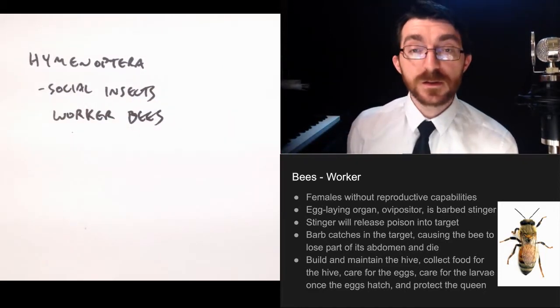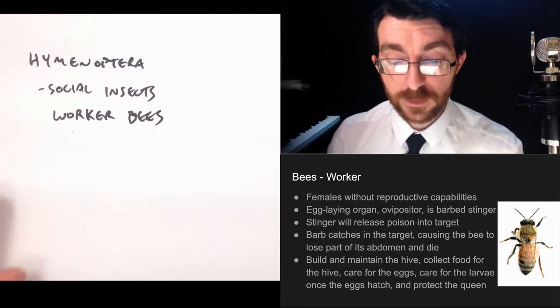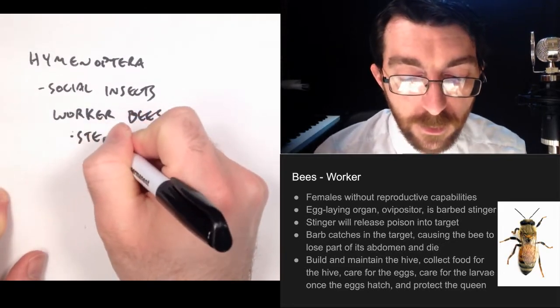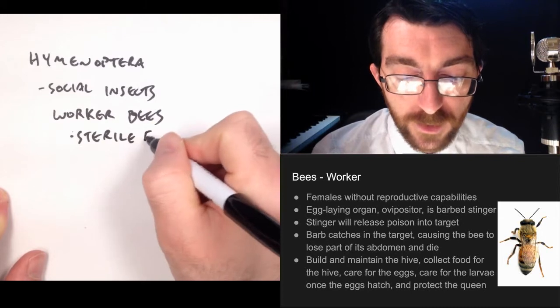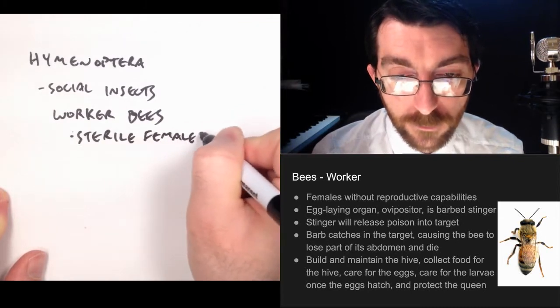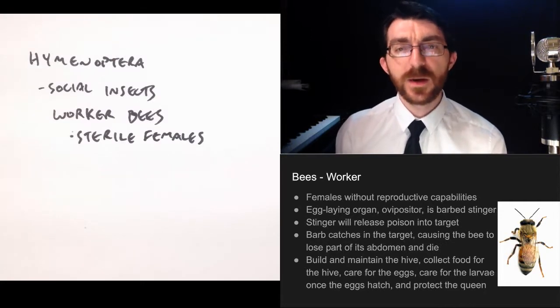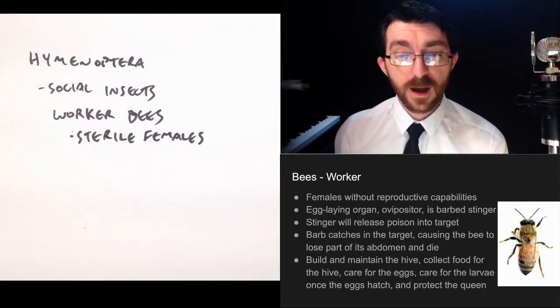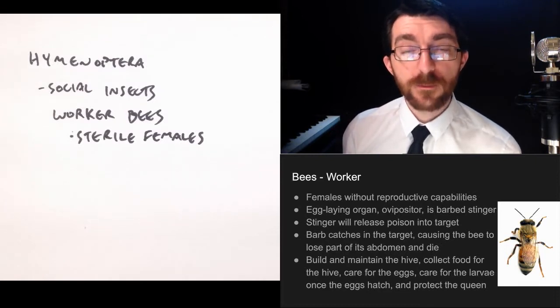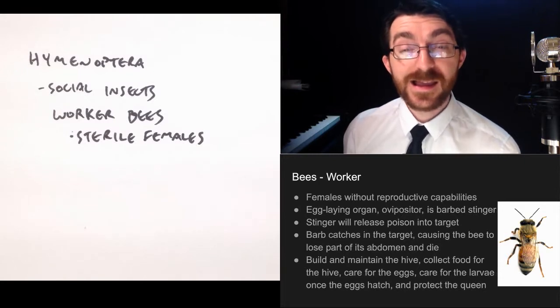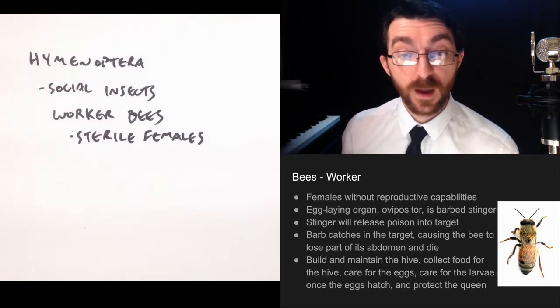What are worker bees? These are females without reproductive capabilities. They are sterile females. So what's the deal with that? It turns out that the organ that bees use to lay eggs and sting is the same organ.